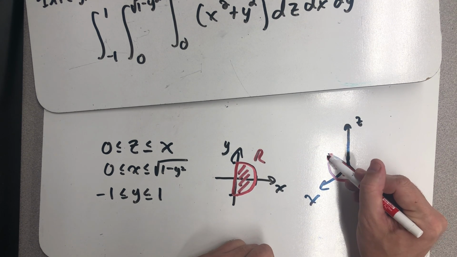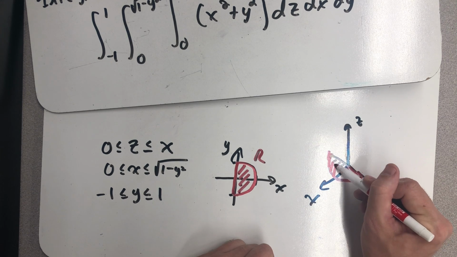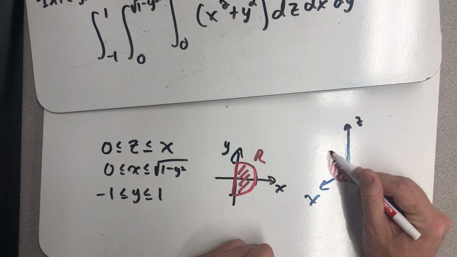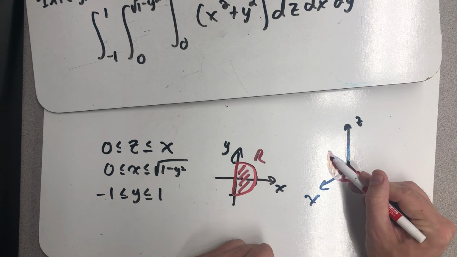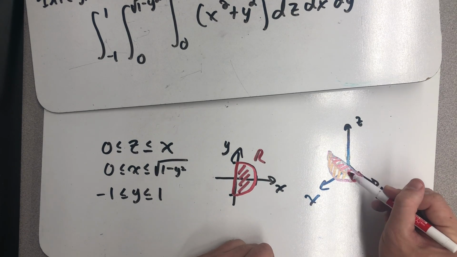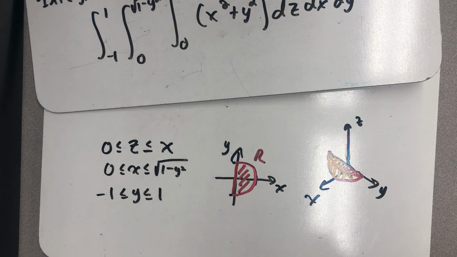Imagine a back wall coming up like this, curving around, and there's my lemon wedge, where the top part of it is the plane z equals x. And then I have that nice lemon wedge.